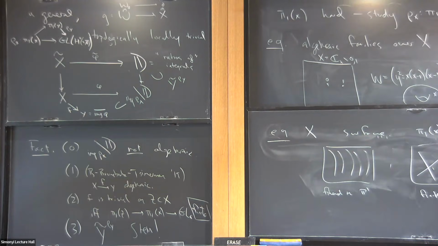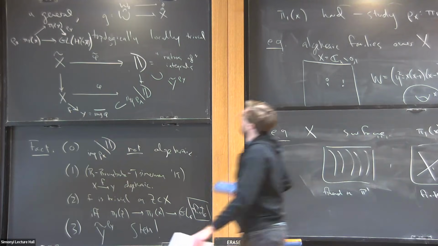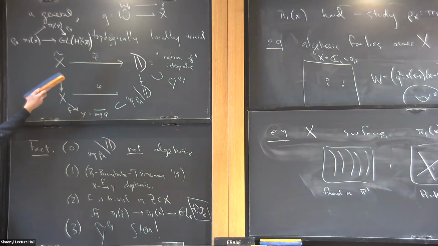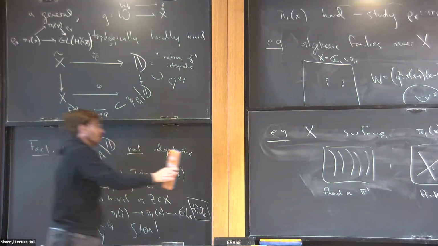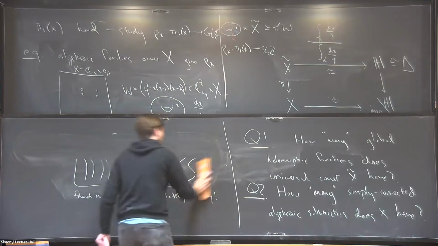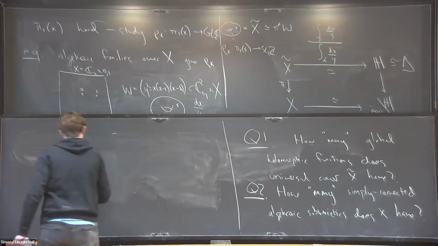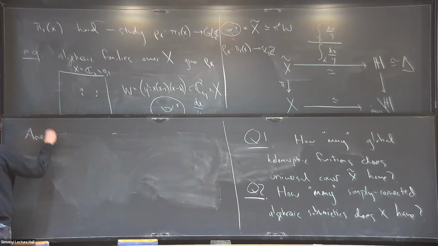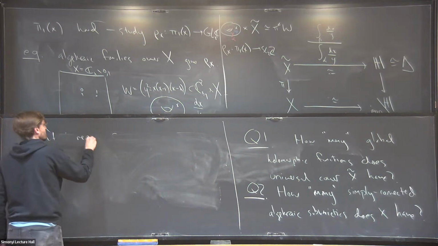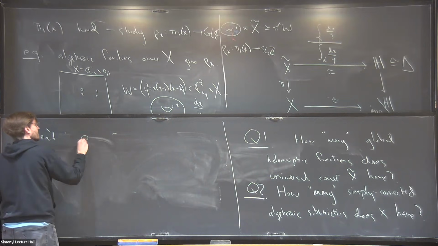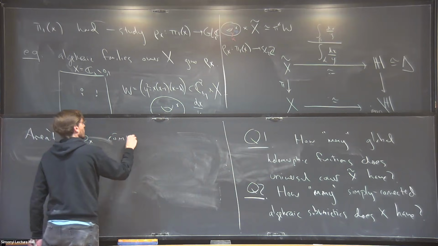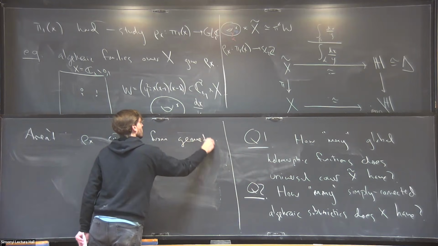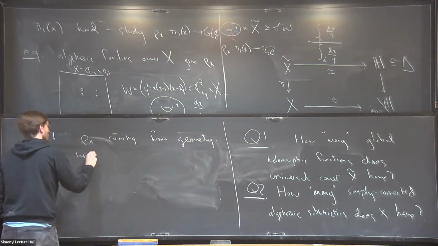But, you know, I mean, representations that come from geometry are somehow very special. Or, you know, aren't they? Aren't the representations rho_X coming from geometry very special?